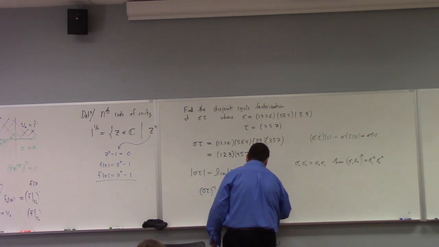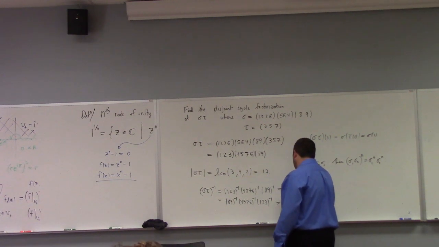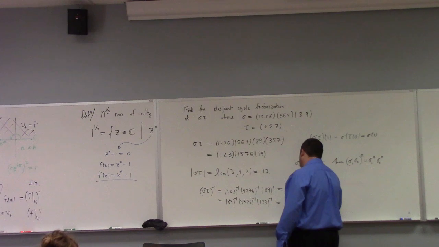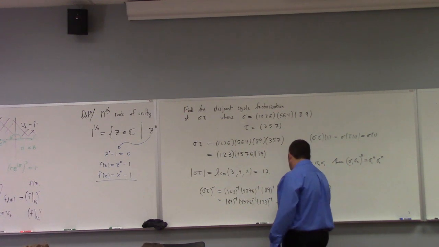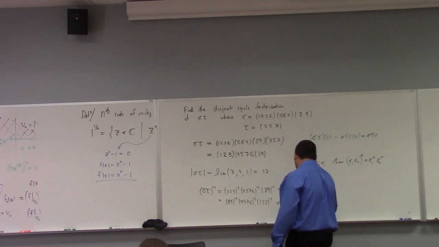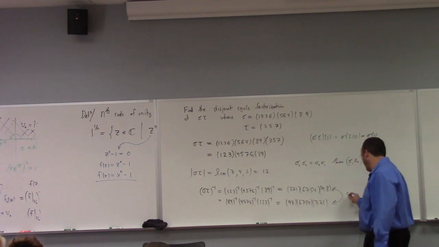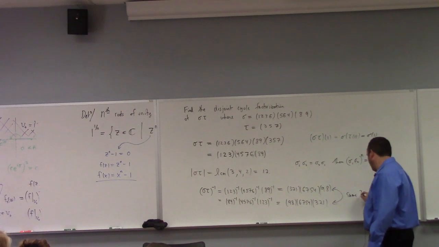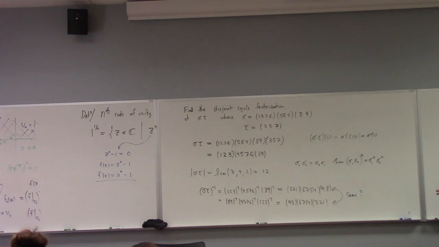It doesn't matter here because these are actually going to be equal, and you'll tell me why. This is (3 2 1)(6 7 5 4)(9 8). That's actually equal to (9 8)(6 7 5 4)(3 2 1). Why are these two equal? Because they're disjoint cycles and they commute, right? That was the point. Disjoint cycles commute.